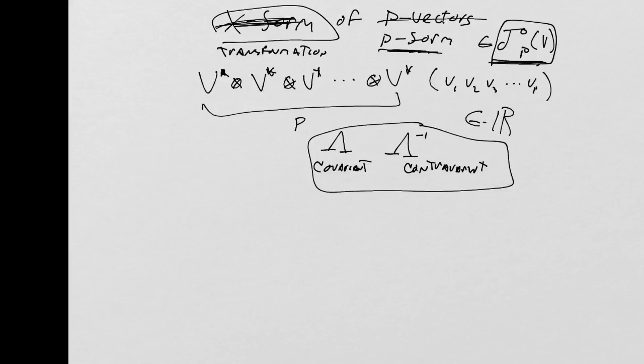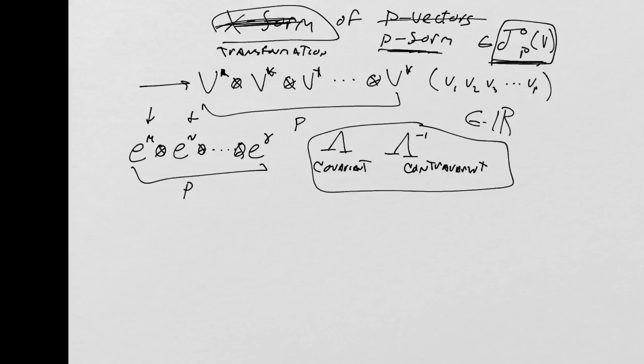Now the basis of this tensor product space, if we pick it, is going to be E mu tensor product E nu tensor product dot dot dot, say E gamma, and there's going to be p of these. That will be the basis of the tensor product space. So it'll be every possible combination of mu, nu, gamma indices, and it's going to be a lot of them.